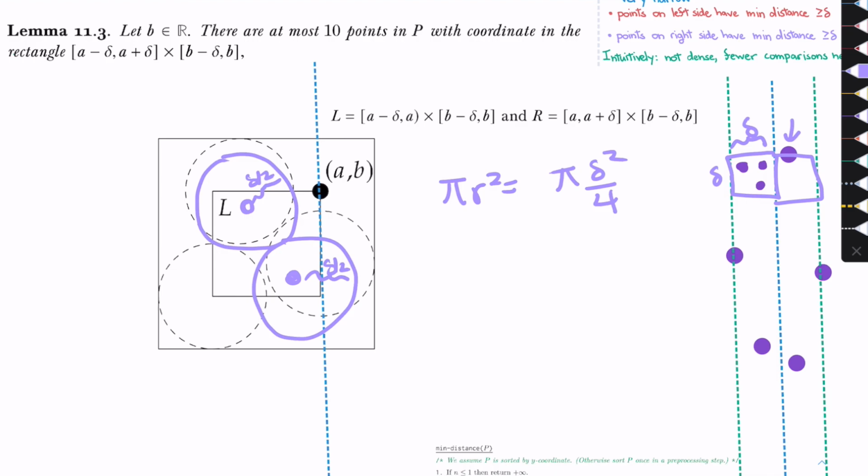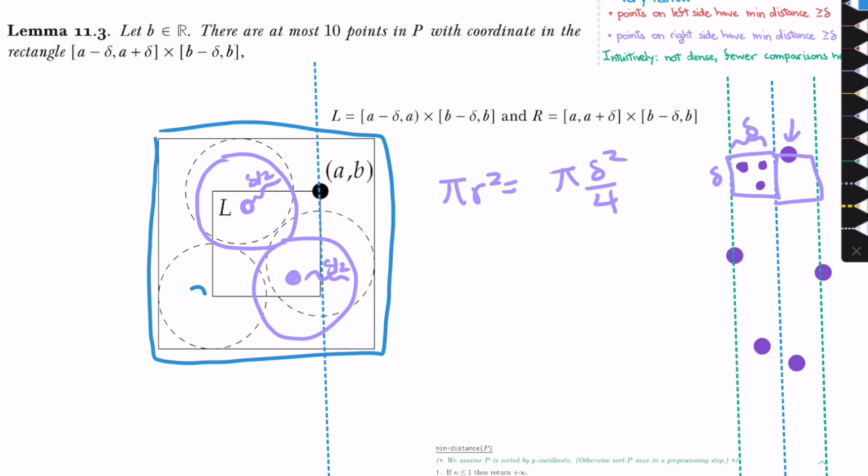What's that common space? If I take my original delta width square and add an extra delta over 2 on each side, I get a 2 delta width and height square. All those balls have to be contained in it, because the center is inside the middle, and it only goes out by delta over 2.